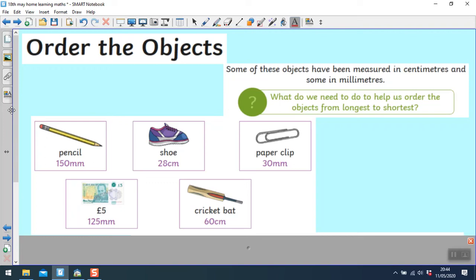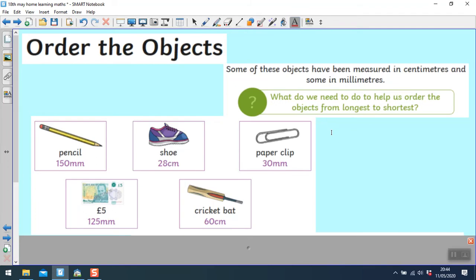I'm going to put them all in millimetres because that means we can times some of the numbers by 10, which is sometimes a bit easier than dividing the numbers by 10. They've got to be in order from longest to shortest. That one's already in millimetres, we can leave that. We want to turn 28 centimetres into millimetres.